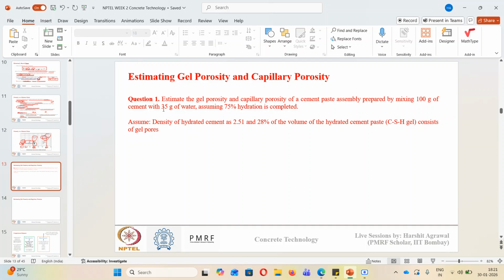Okay, just give it a try. Give it a try to solve this question. If anyone has any doubt in the porosity and water part of week 1 content, you can ask now. You can unmute and speak, or you can drop a message in the chat box regarding any of your doubt.